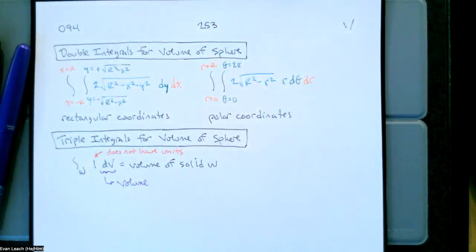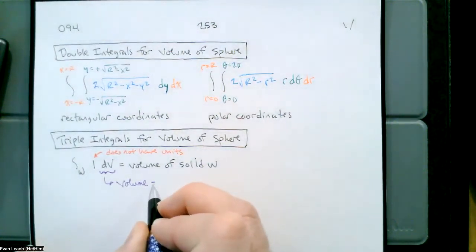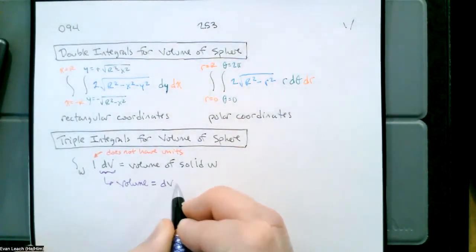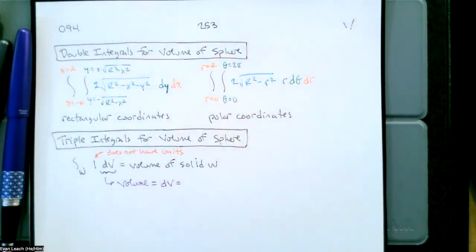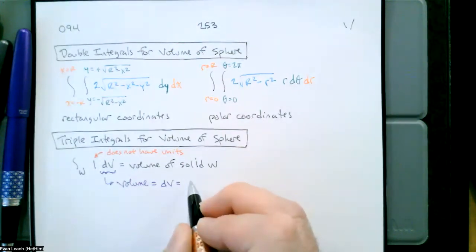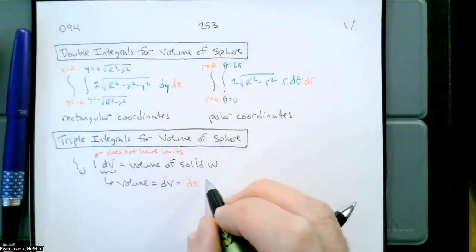Right now we have the mechanics in play to deal with two kinds of 3D coordinates. One style of coordinates is going to be rectangular coordinates. This will just be dy dx and a dz.